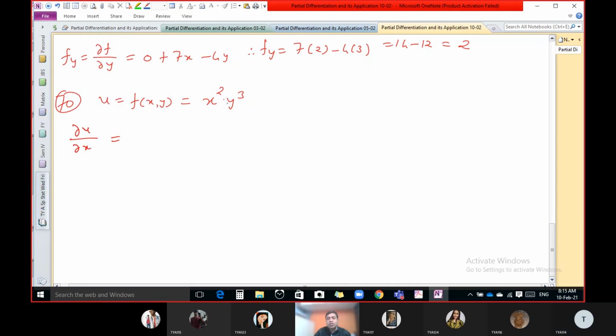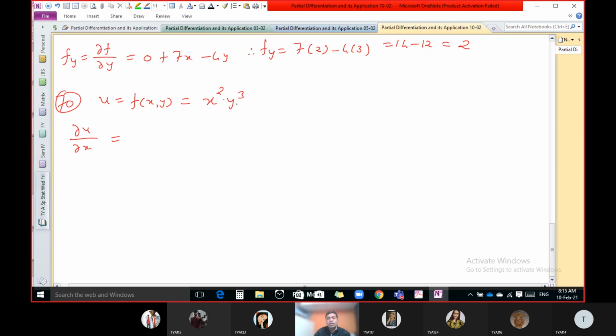The reason is this is a constant. If you want to find the derivative of 7x cube, no need to use the multiplication rule. Keep this 7 as it is and take this 3 in here, and we get 21x square, because 7 is a constant, so no need to use the multiplication rule.